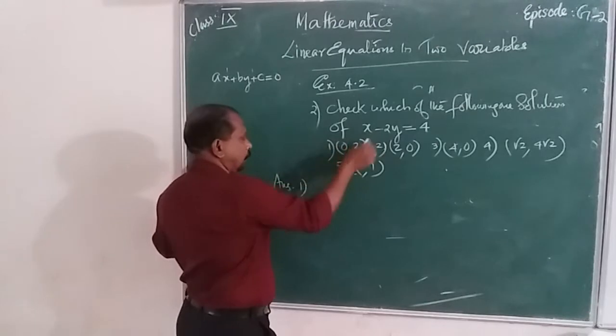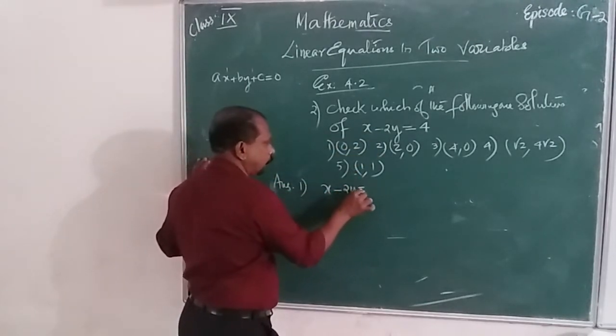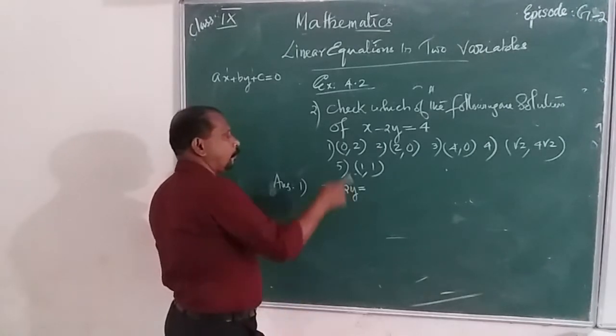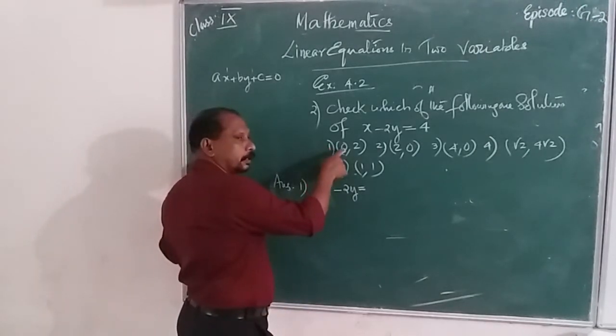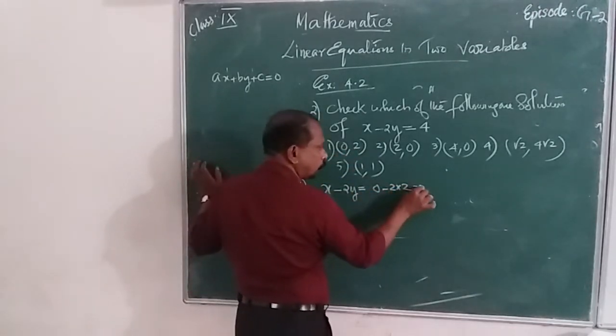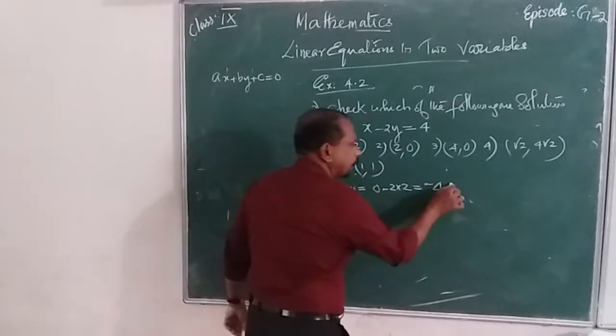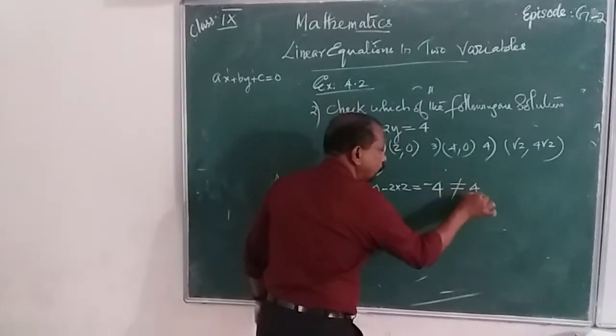Right. Listen. x minus 2y is equal to... What is x? 0. What is y? 2. 0 minus 2 into 2 is equal to minus 4. That is not equal to 4.